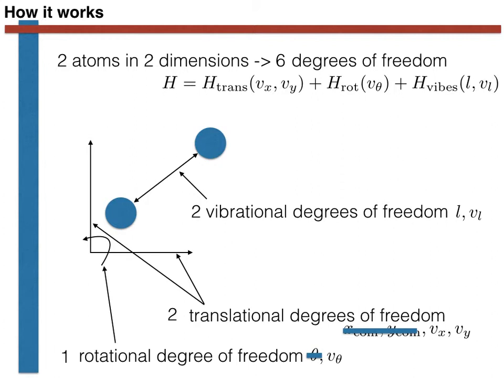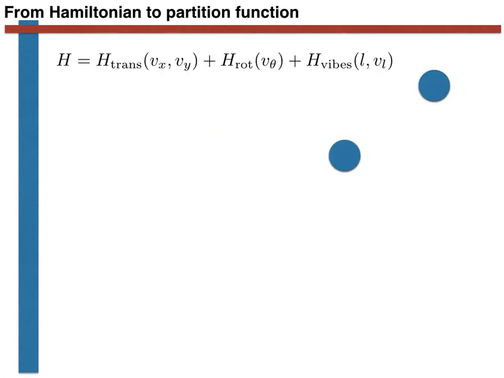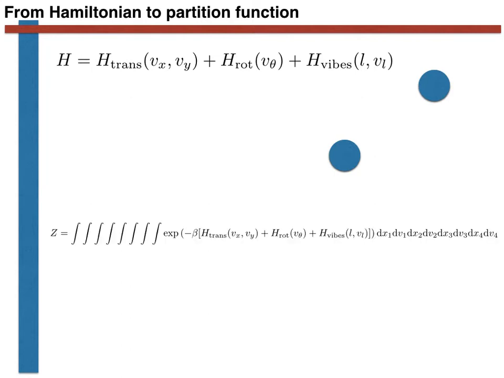Let's now think about how we might calculate the partition function for our diatomic. Inserting the Hamiltonian that we just arrived at into our expression for the partition function, we get the following. I have written the sum over microstates here using integral signs. The first of these integrals runs over the values the x-coordinate of the first atom can take, while the second runs over the velocities that this atom can take along this axis.